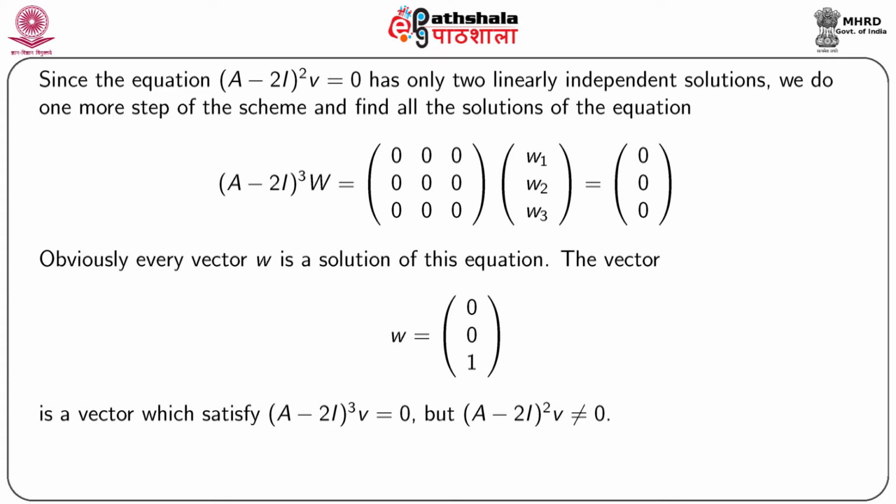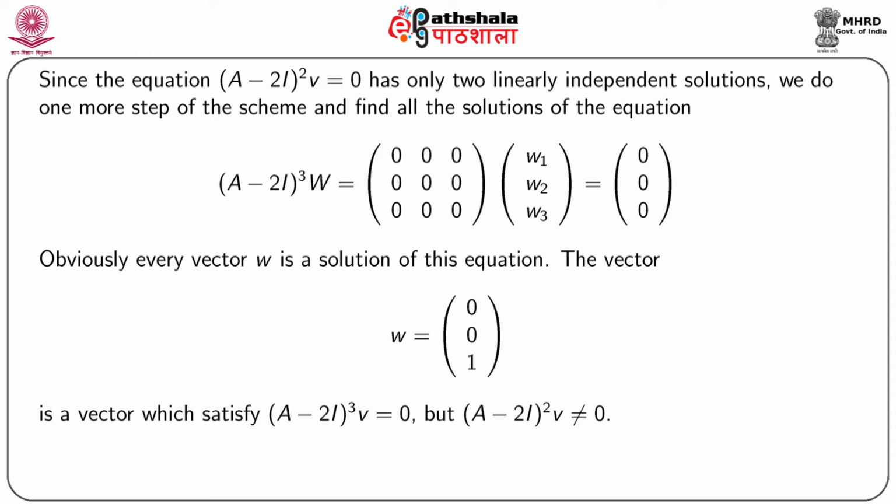Since the equation (A minus 2I) squared v equal to 0 has only two linearly independent solutions, we do one more step of the scheme and find all the solutions of the equation (A minus 2I) cubed w equal to the null matrix, all zeros, multiplied by the column vector w1, w2, w3 equal to 0, 0, 0.